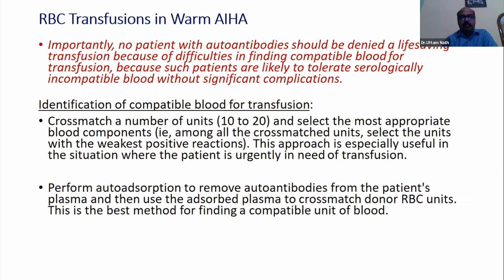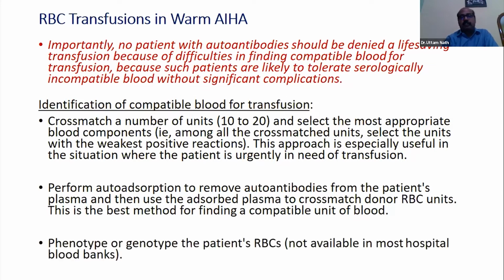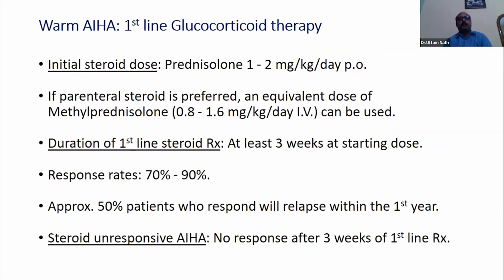This is the best method actually, but sometimes the time may be too short because of life-threatening hemolysis. So this is a time-consuming process, and the first option is more commonly adopted in our hospitals. Finally, extended phenotyping of the patient's RBCs, which although not available in most hospital blood banks, is another good method of safe transfusion.